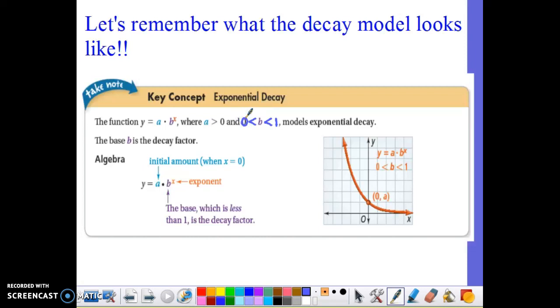So things that are less than 1 but greater than 0, things like a half or 3/4 or 5/8. And again, looking at my graph, as I go from left to right, it's getting real small, it's decreasing. And remember, the big thing to point out is that my graph never touches the x-axis, right? I never decay completely to 0.